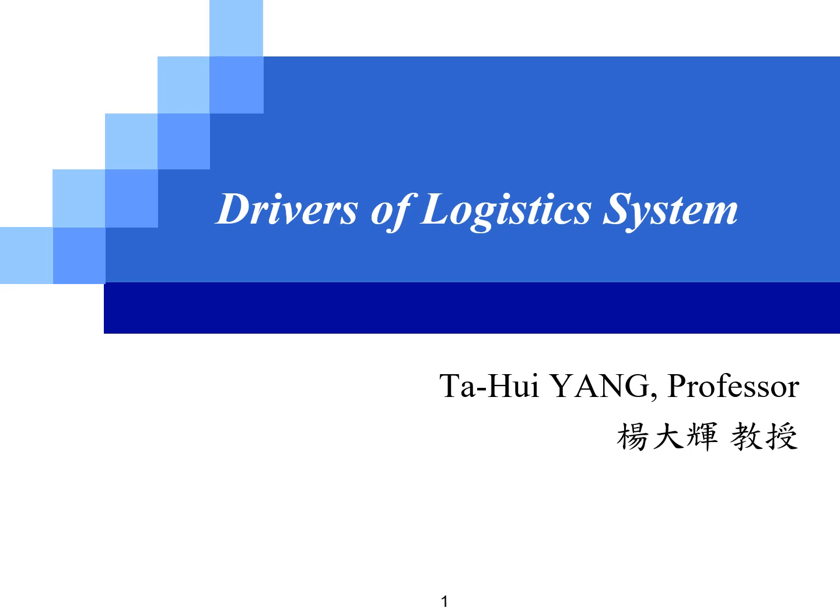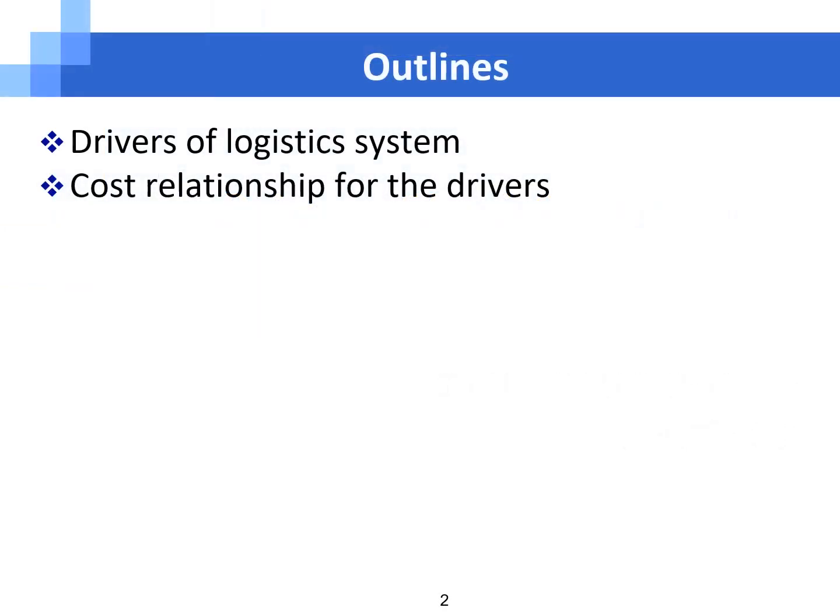It also determines the logistics system's performance. I will follow the outline to introduce this lecture. I will first introduce 6 drivers of logistics system and then talk about their cost relationship.